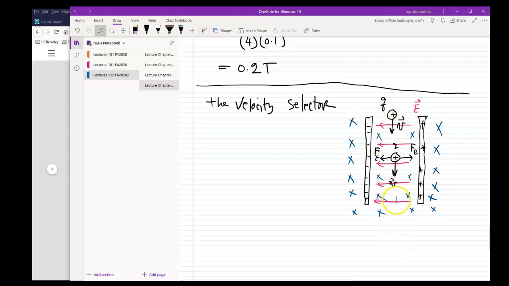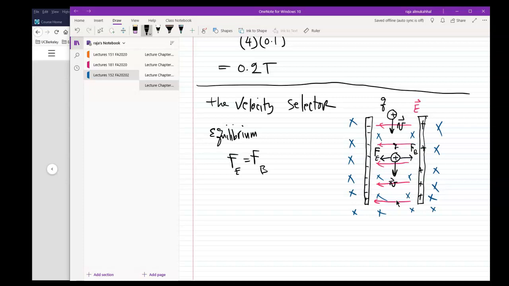Okay. So to do that, I ask the question: what should the intensity of the electric or the magnetic field be in order for me to accomplish that? Well, let's see. In order to get equilibrium, F sub E equals F sub B. So what's F sub E?